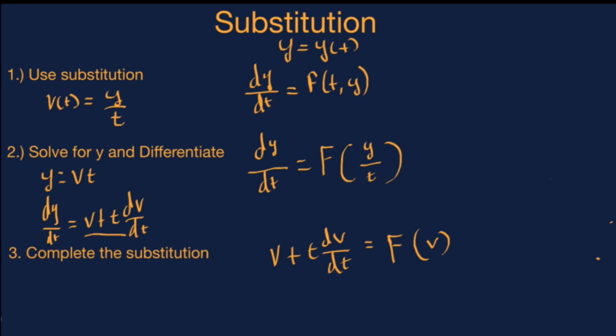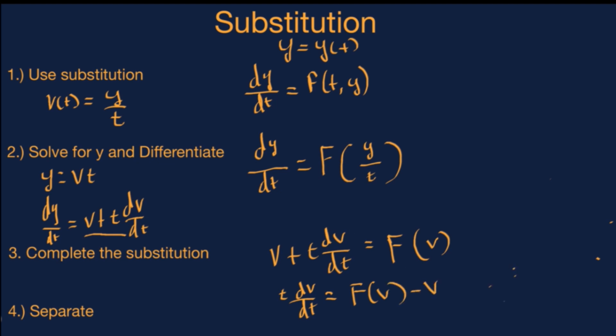And so we will start separating by subtracting v from both sides, and that will give us t times the derivative of v with respect to t is equal to f of v minus v.